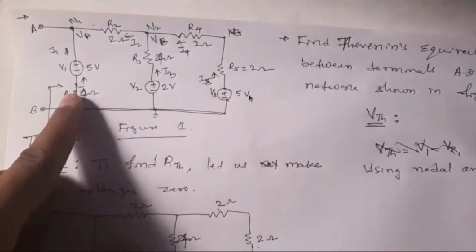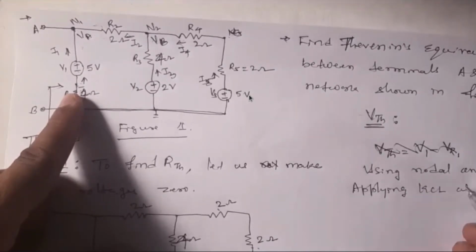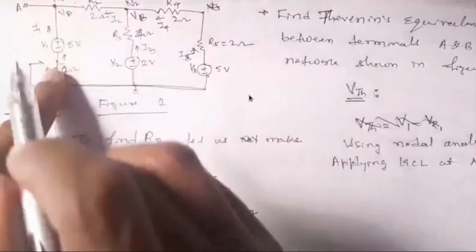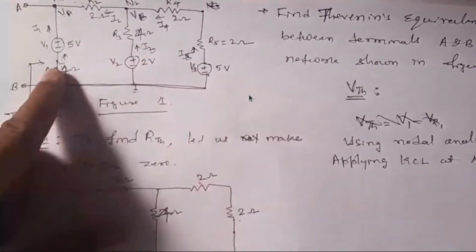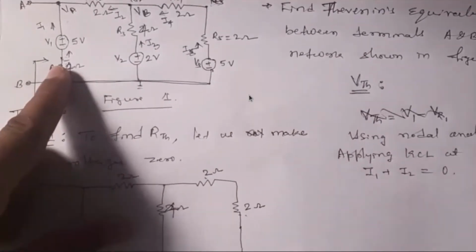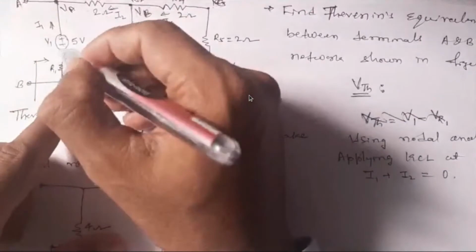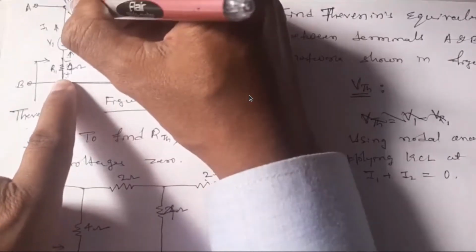Using nodal analysis, applying KCL at N1. If you apply KCL at N1, how many currents are incoming? I1 and I2. Only two currents are incoming. I1 plus I2 is equal to 0. And what is I1? The current flowing here, the voltage at this point is VA.